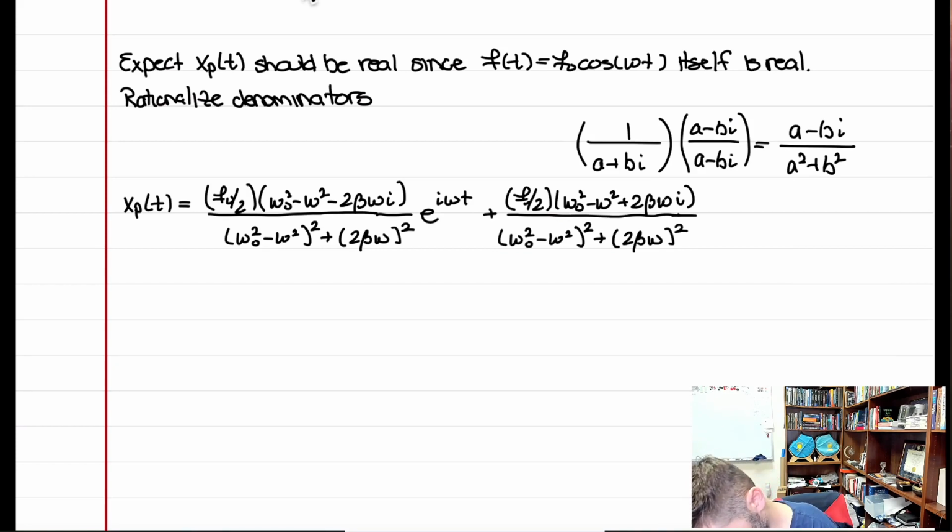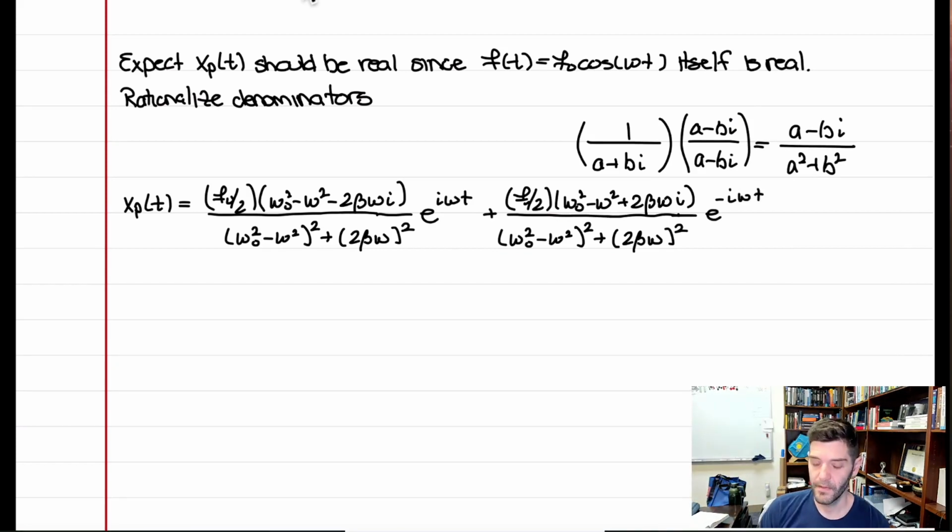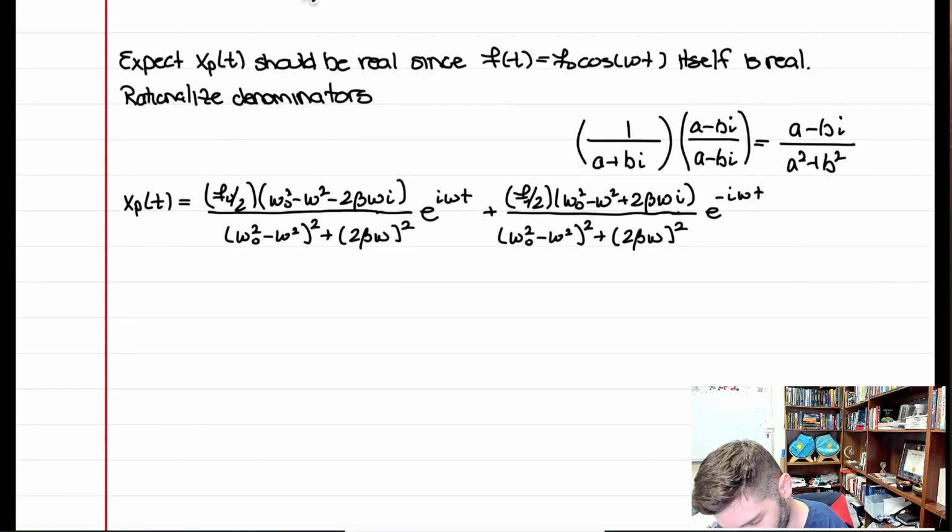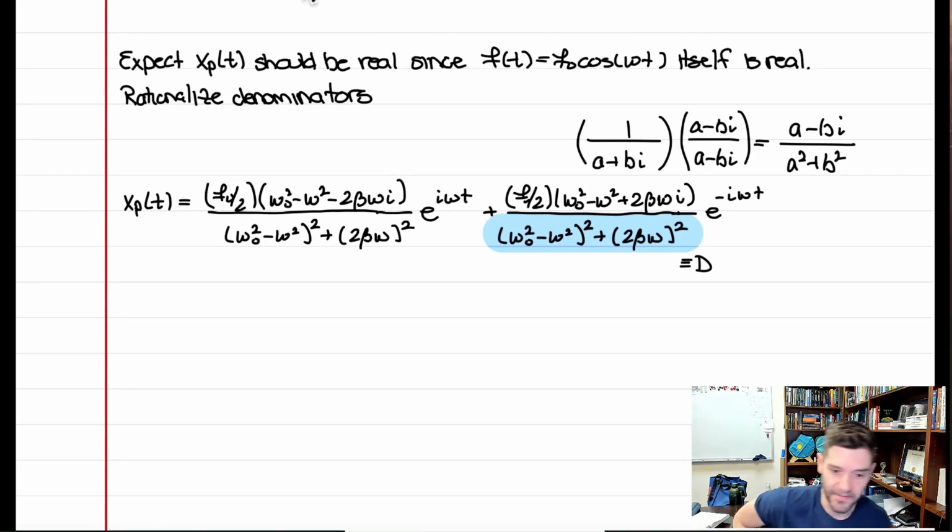Then that's all being multiplied by e to the negative i omega t. At this point, you might be thinking we have not made anything better. We've made things worse, if anything. This denominator, so I don't have to keep recopying it, let me just define it to be capital D. So whenever you see capital D, it's that thing in the denominator.